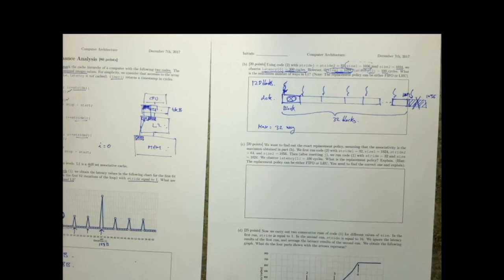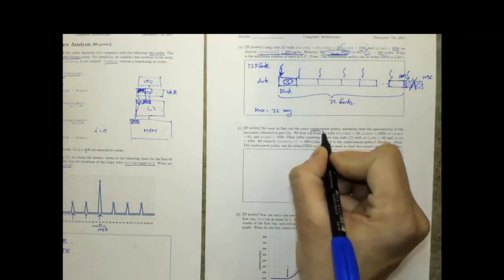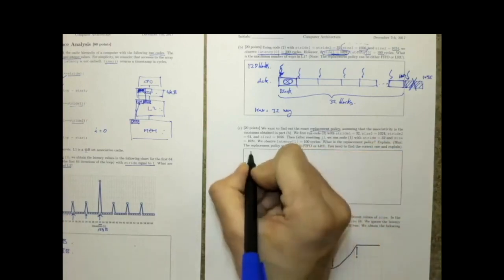Fine. If you don't have any questions, let's discuss part C. So in part C, we again use code 2, and we are also going to use code 1 after that. What we want to figure out is the replacement policy. We already know that the replacement policy is going to be FIFO or LRU, because that's what part B told us.